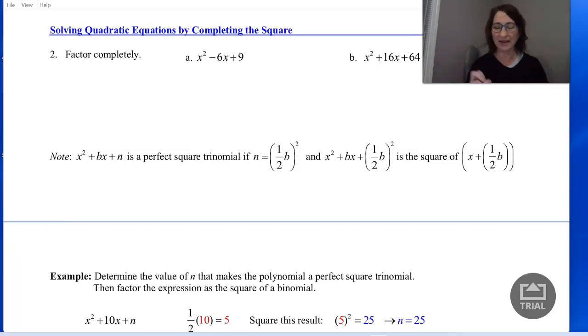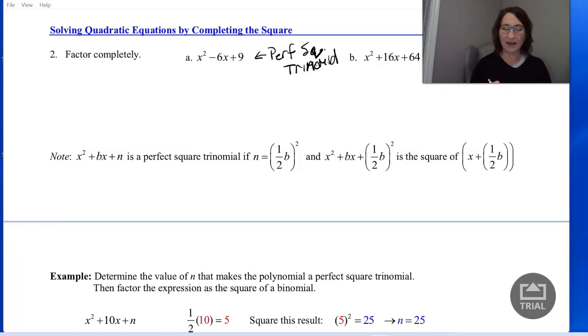Let's go ahead and recall that when you have a perfect square trinomial, that's what we have here, we can factor it down to a binomial squared.